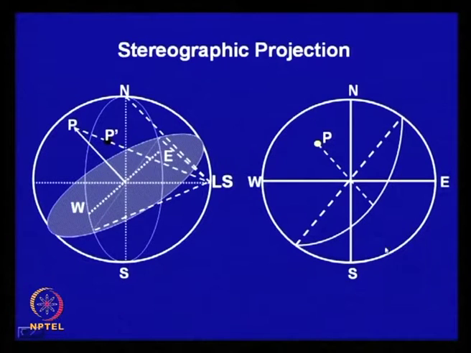Now, we look at the same thing. So far I was trying to explain with respect to the 3-dimensional object. Now, what happens if we do the same thing in 2D, or represent it in 2 dimensions? This is the projection plane.